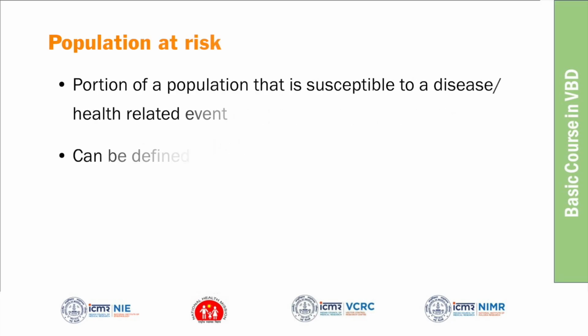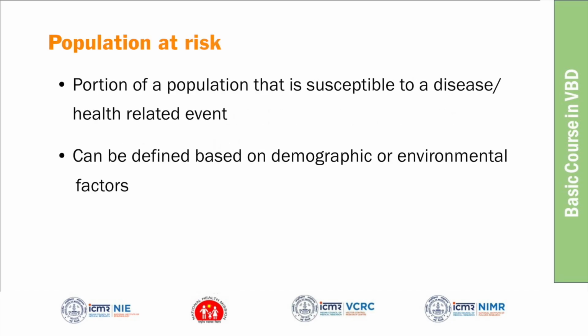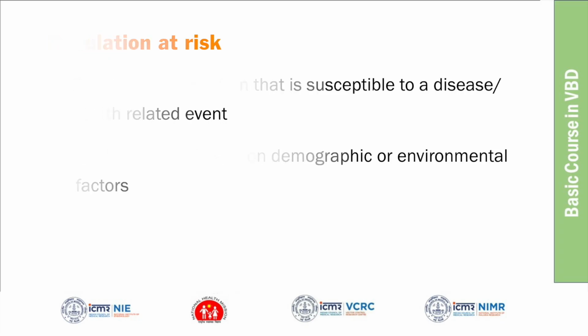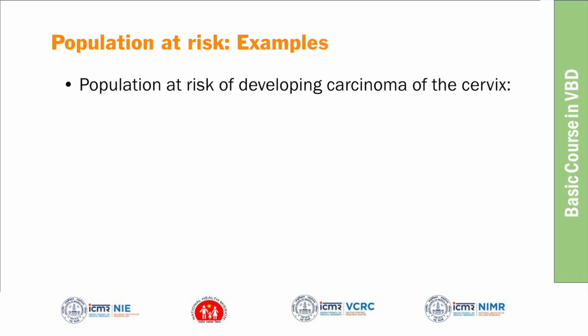Population at risk is that portion of the population that is susceptible to get the disease in question or the health-related event. Now, what do I mean by susceptible? Let's take an example. Suppose you want to look at carcinoma of the cervix incidence.